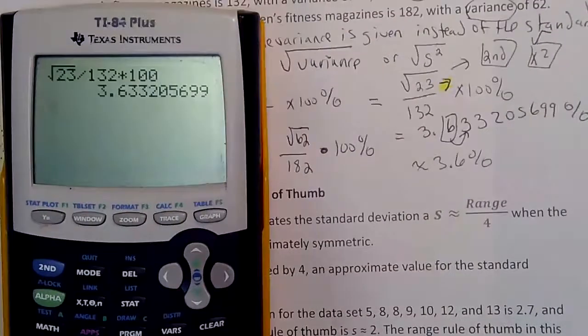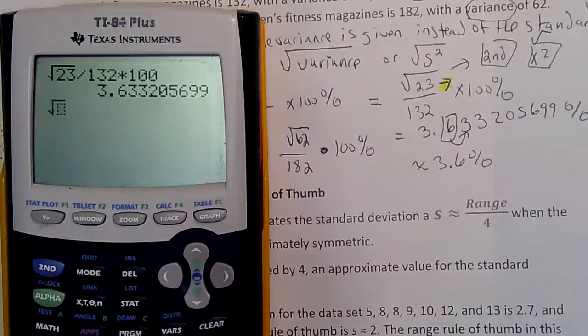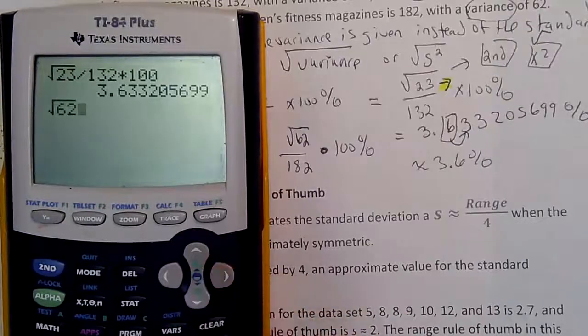So that would be second square root 62. Then remember, this is important, tab this out. Divided by 182 times 100. And I didn't put the division.